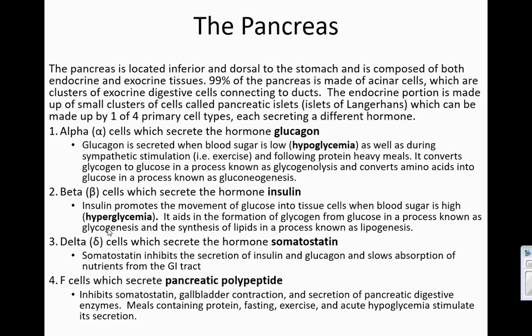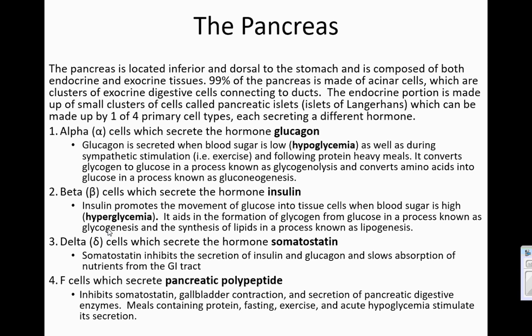Another stimulus for secretion would be the sympathetic nervous system, which we know produces that fight or flight response. And what do we need in that fight or flight response? ATP, energy. Where do we get that ATP or energy? From glucose.